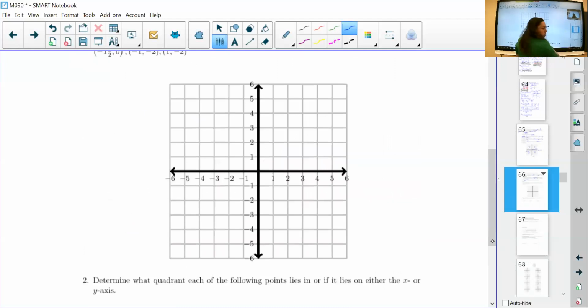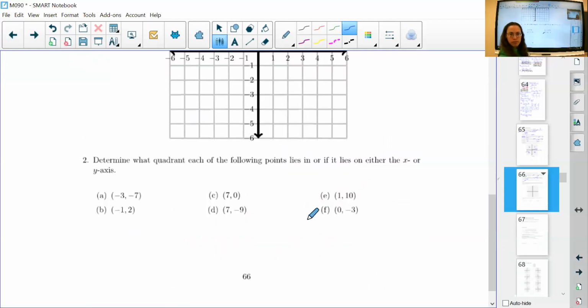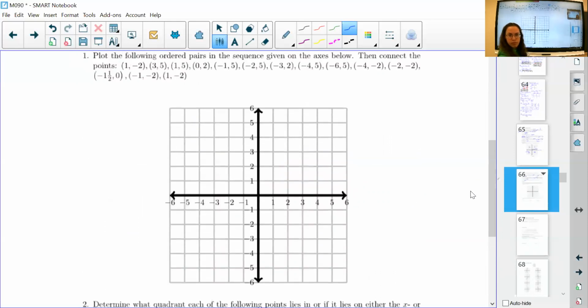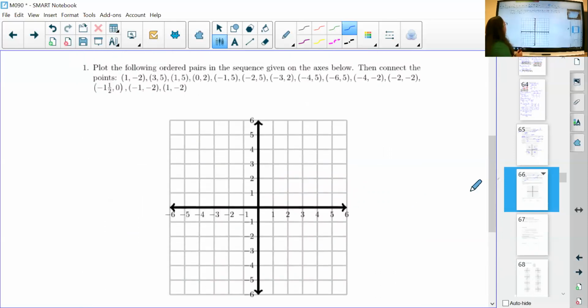So, some examples. Let's start with 1 comma negative 2. So start at the origin, go over to the 1, go down 2, because that's a negative 2. 1, negative 2. I'm just going to check them off as I go. 3, 5.